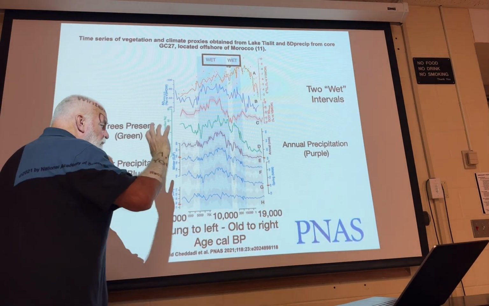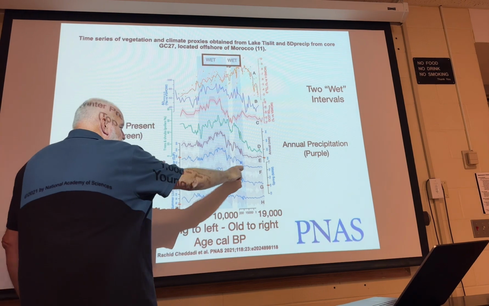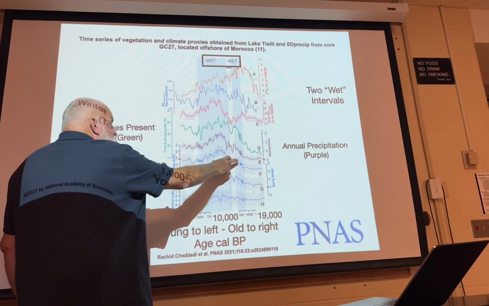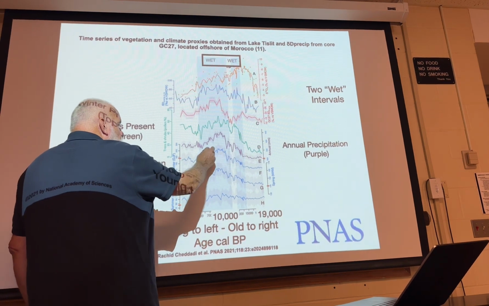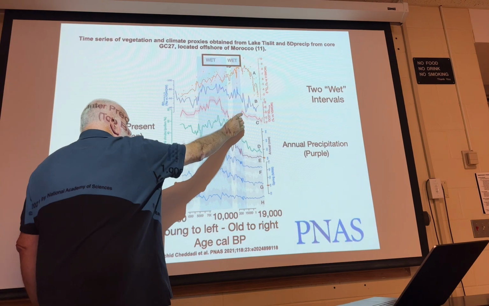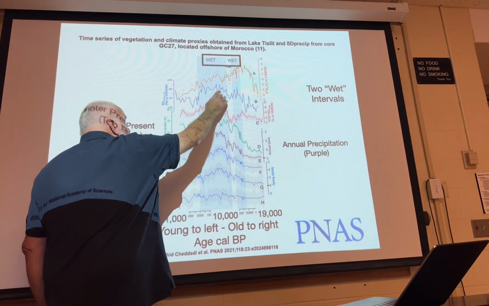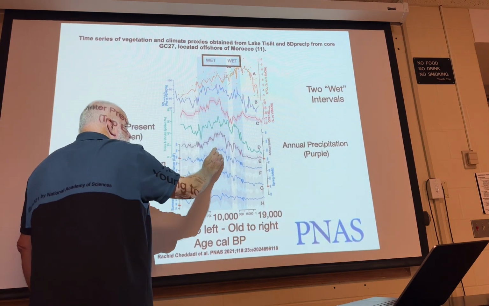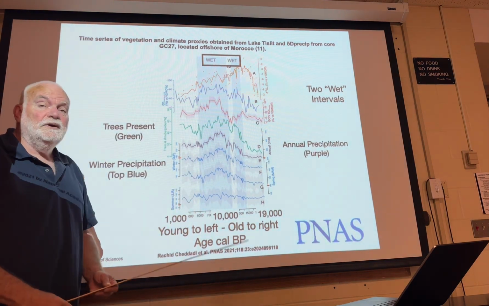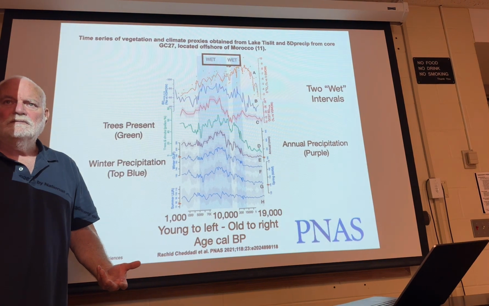But what the authors of this paper concluded is drier times, wetter times, drier times. And they talk about 2 wet periods. We can quibble about whether this one's as important as this one, but there's wet, wet, wet, wet, wet, wet, wet. You'll have to trust me on going deeply into what all these squiggles mean, but they all show the same pattern, and that's the key.